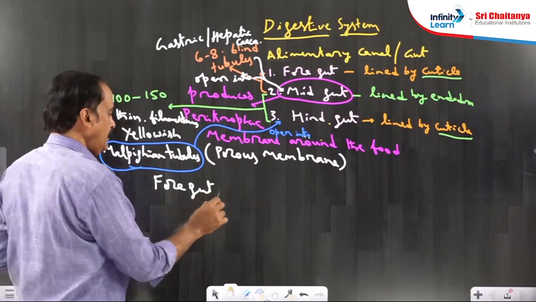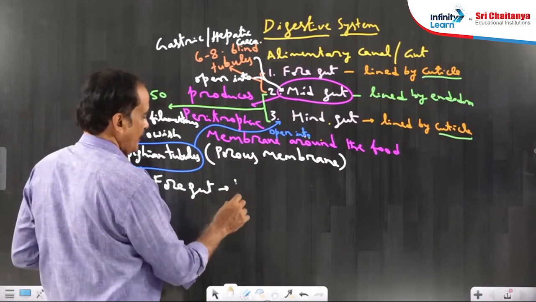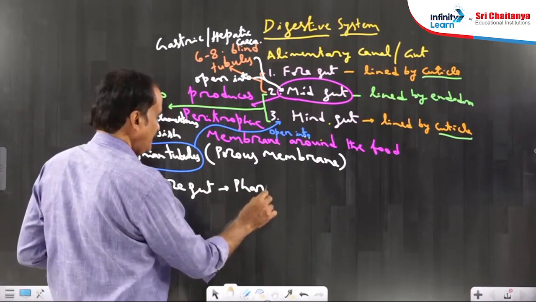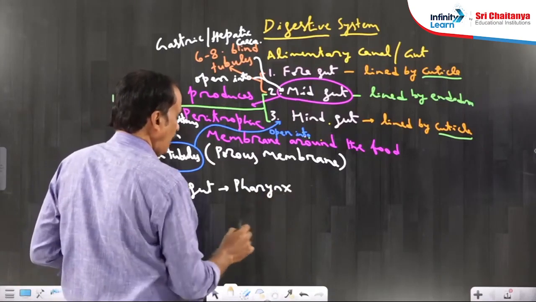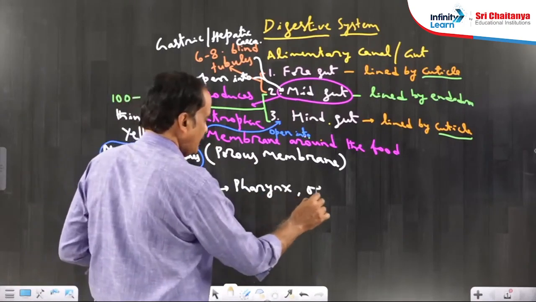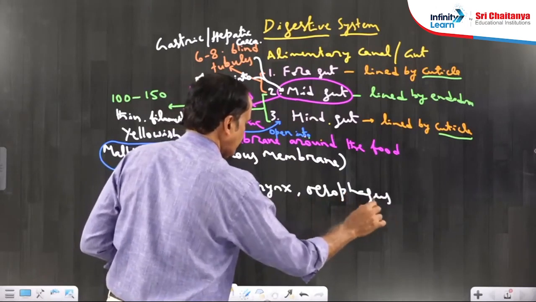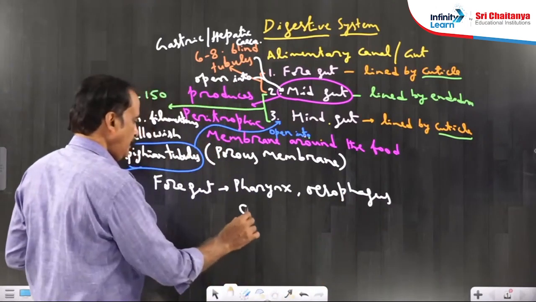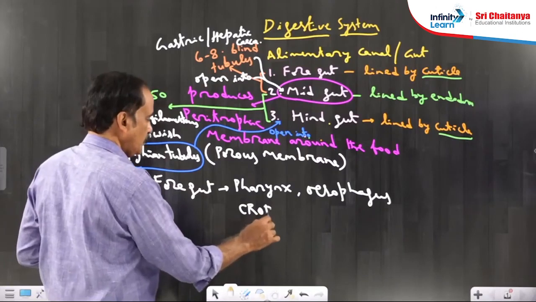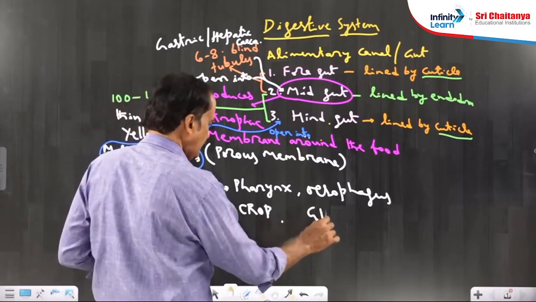Foregut includes the regions called the pharyngeal region. Mouth leads to pharynx, that leads to a narrow esophagus, esophagus leads to crop, crop leads to gizzard.